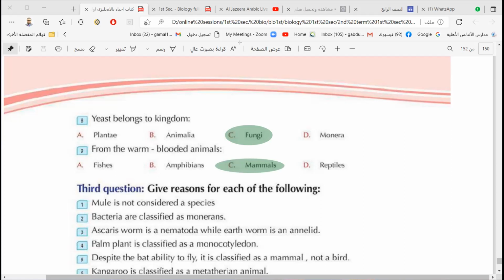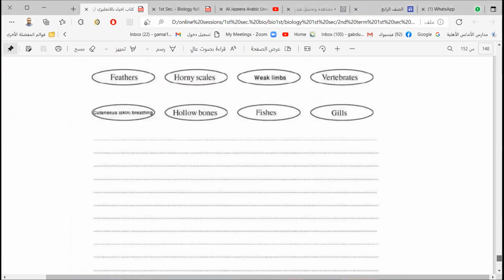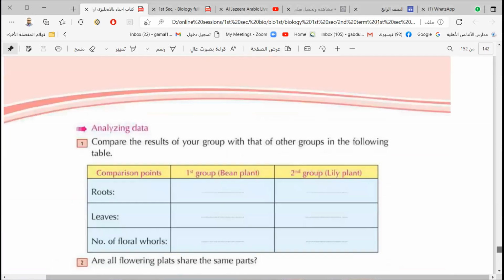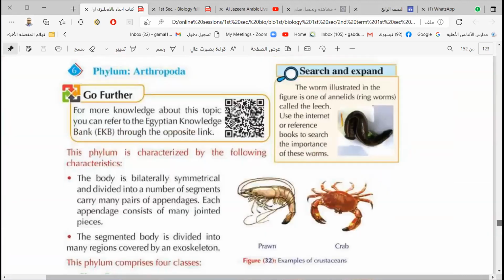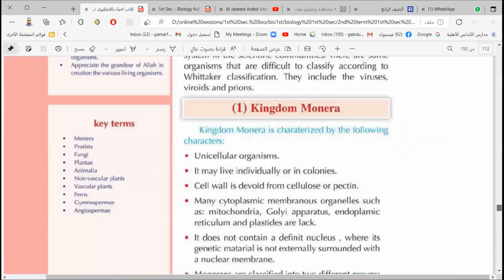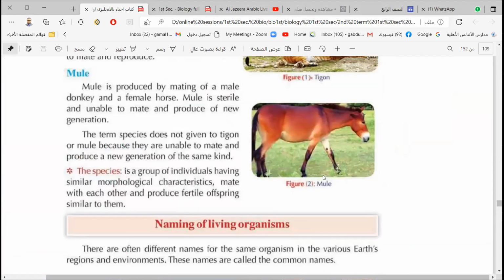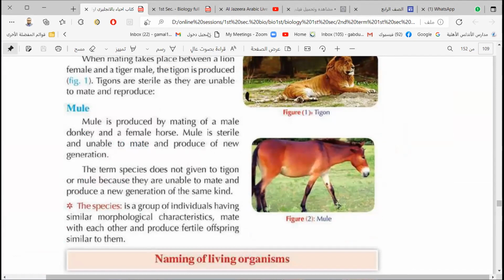Okay, we have give-reason questions. We can solve some of them. Why is a mule not considered a species? You remember? When we study classification, we start with studying the word species: a group of similar living organisms that can mate and produce new fertile individuals. But mule and tigon are not considered species.